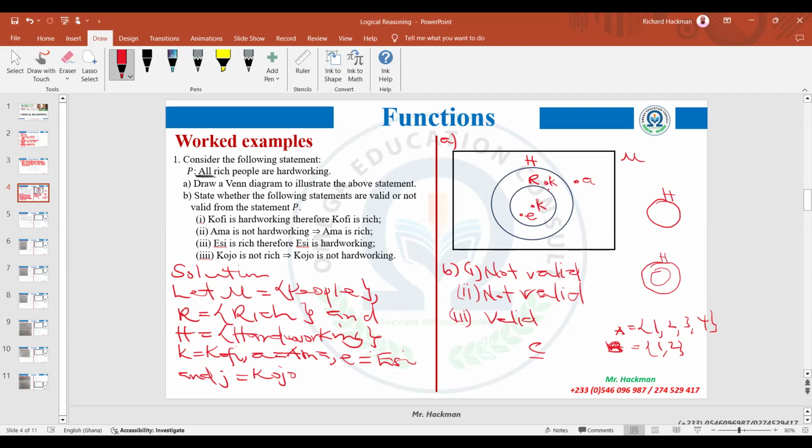But immediately I introduce another set, it means if I'm inside H, I should be here or here. I have two possible regions. If I place it only here, I've left this one out. If I place it only here, I've left this one out. So once you are in the set H, you should be in two regions.